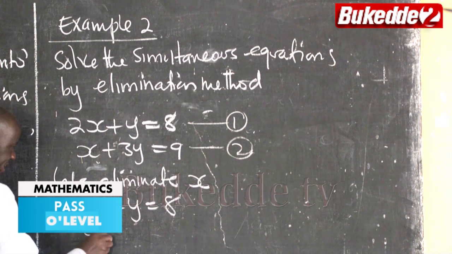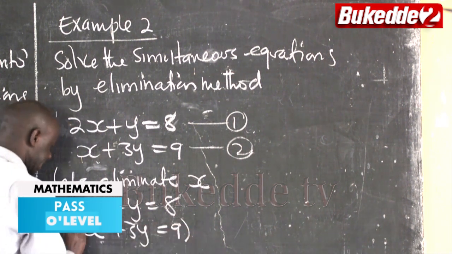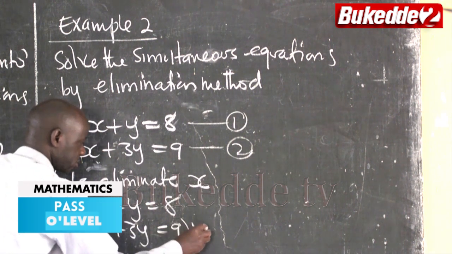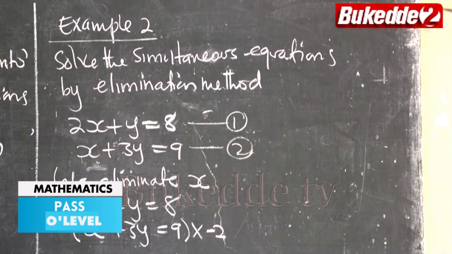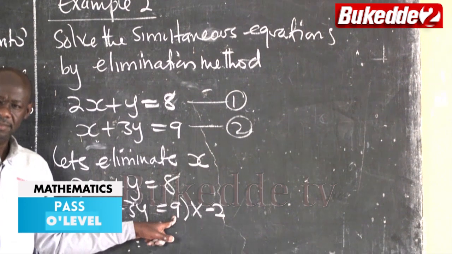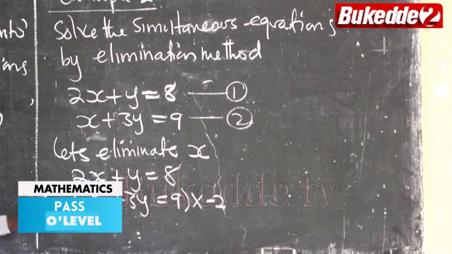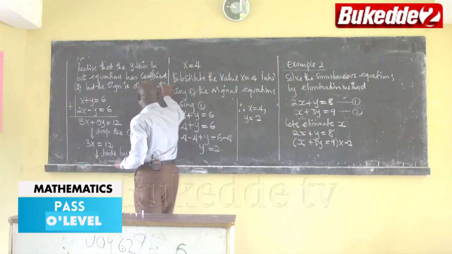And then we have here x plus 3y is equal to 9. But we are multiplying this one by negative 2. If you multiply through by negative 2 here, here, and there, the resulting equation is still valid because what you have done on one side, you have done on the other side.